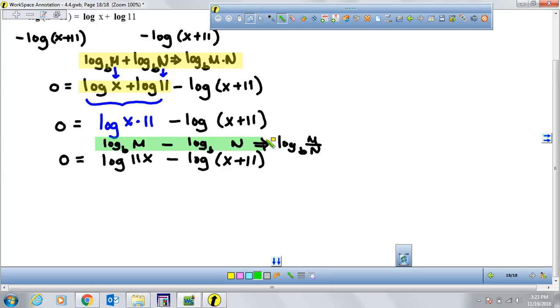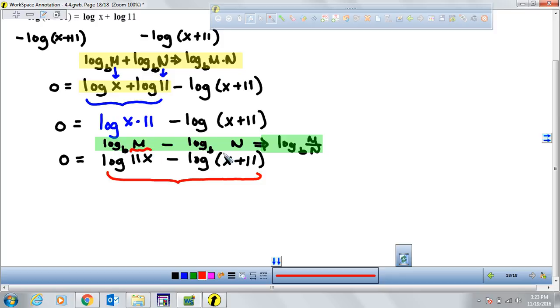This is called the quotient rule. That's what we need to apply right here. What we can see on these two logs is that the m is my 11x and my n is my x plus 11. So if we put them together into one log, it will be log base b, which we don't have to put because it's 10, of m, which is 11x, divided by n, which is x plus 11. And then we write everything else, equals 0.